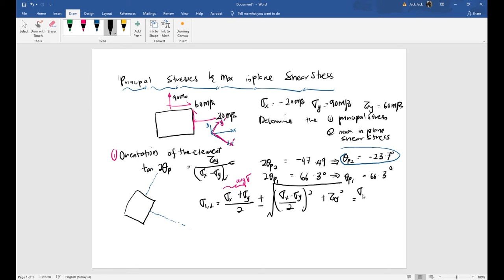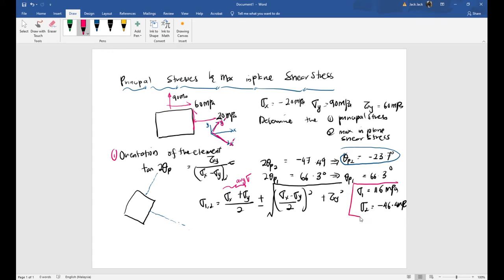So your principal stress is equal to 116 megapascal, and the second one is equal to minus 46.4 megapascal. Let's erase this one to avoid confusion, and let's highlight the answer for this calculation.